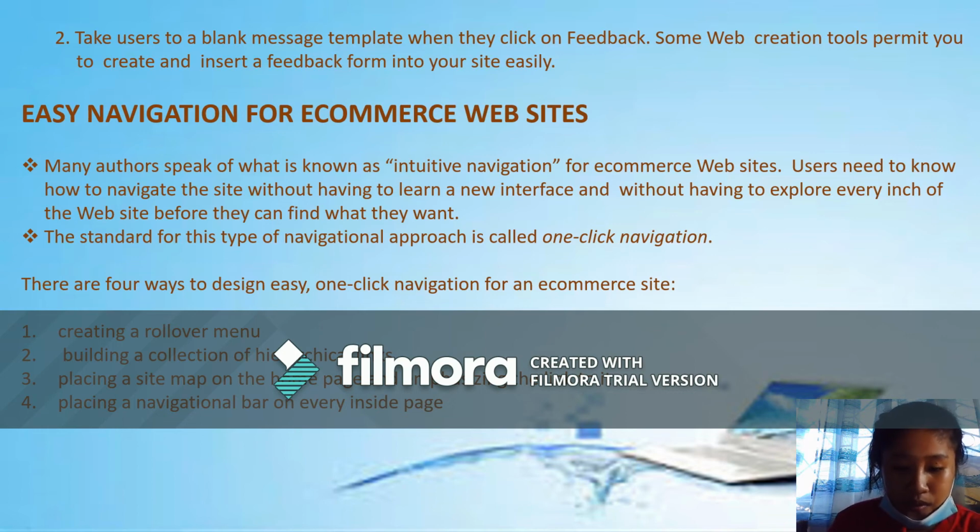This would also be placed on every other page on the site. And the last one, placing a navigational bar on every site page, usually at the top or on the left side of the page, that repeats categories used on the entry screen.